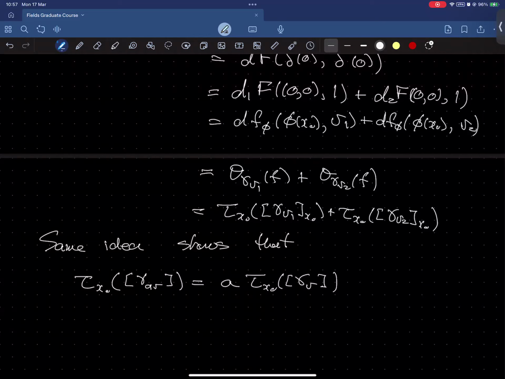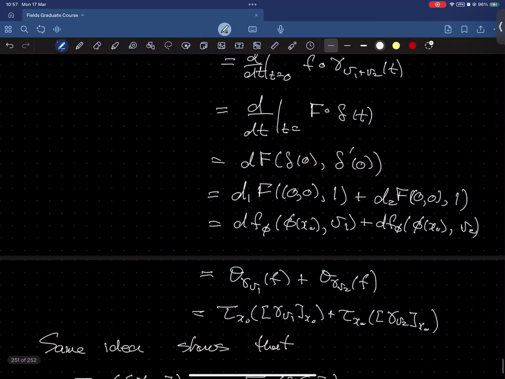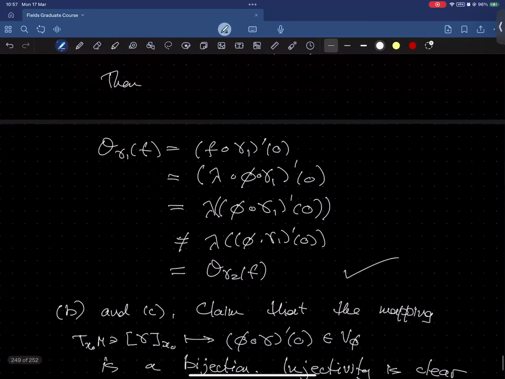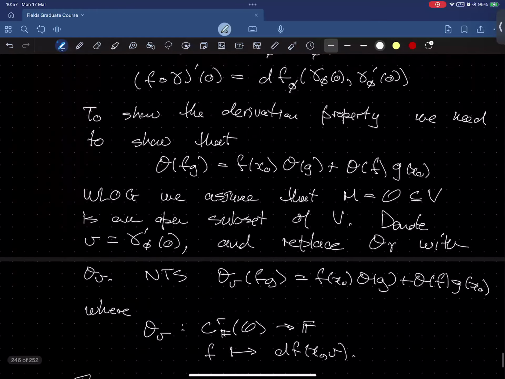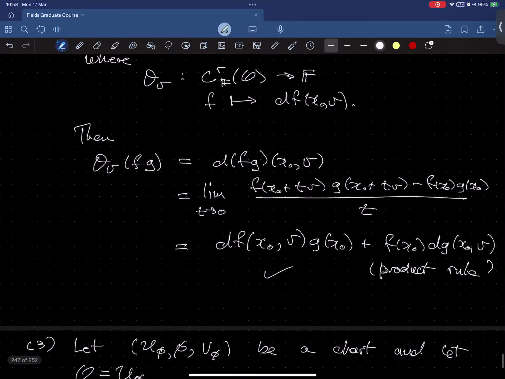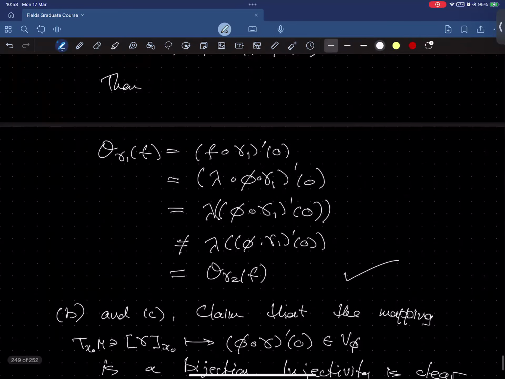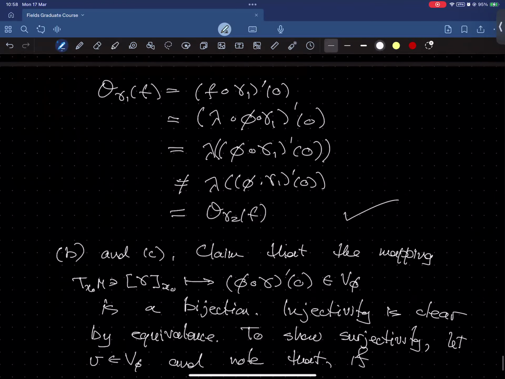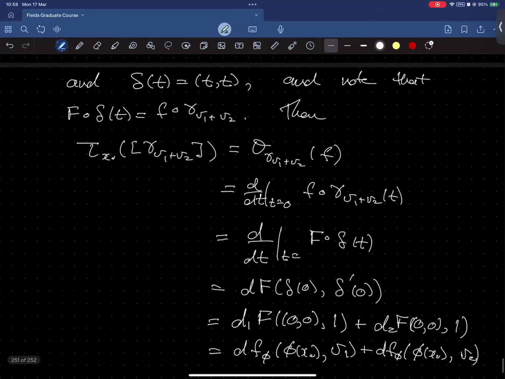As I said, it's not a hard construction, but it's a little bit of a trick. And so that shows that this mapping is indeed linear.